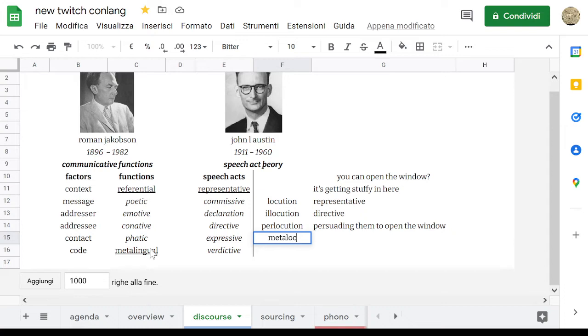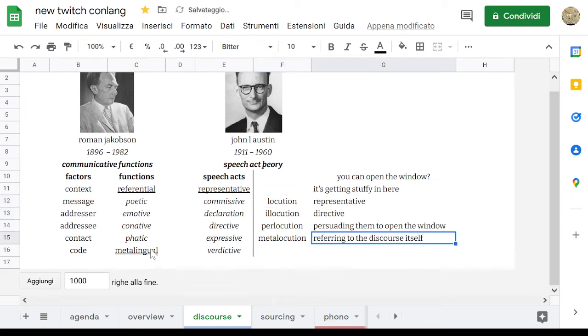Metalocution is when you're referring back to the discourse. It has the function of referring to the discourse itself. So if you are talking about someone's tone, that would be metalocution. That's sort of the effect of you speaking, is that it's about you speaking.